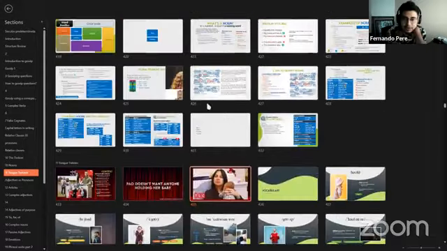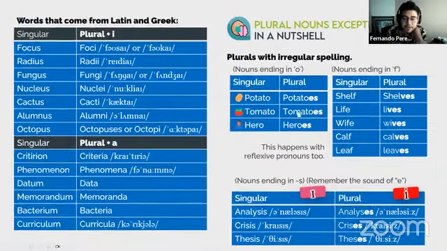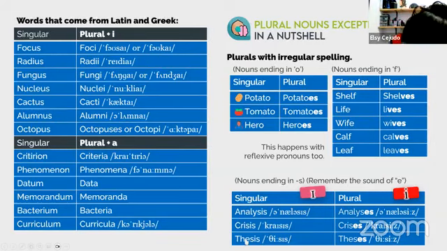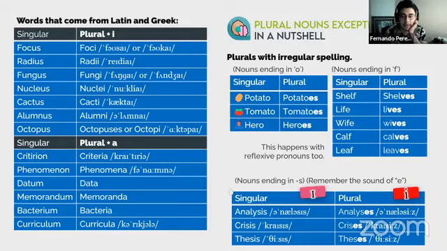Before that, we need to continue with nouns because we saw some exceptions. Exceptions for plural nouns. Remember that it's not datas, it's data.